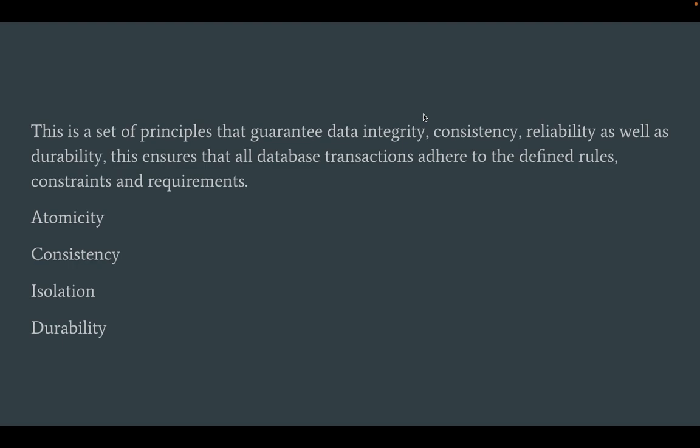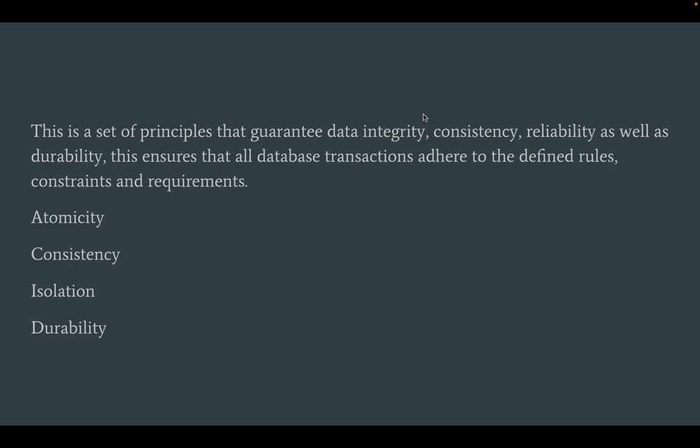You want to make sure that the structure and the integrity of the data remains the same. So the state of the database should remain the same before and after the transaction. Anything that happens there must always conform and adhere to the rules, constraints, and requirements.